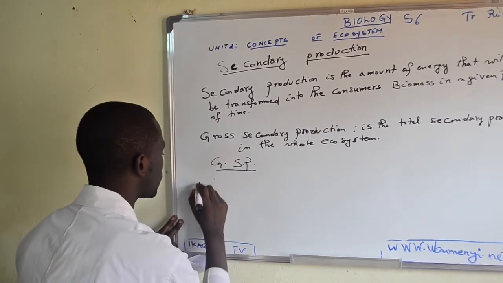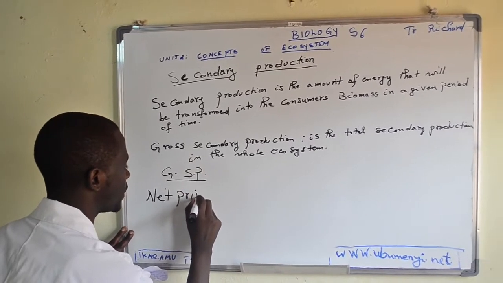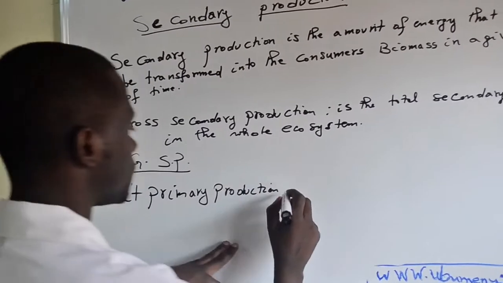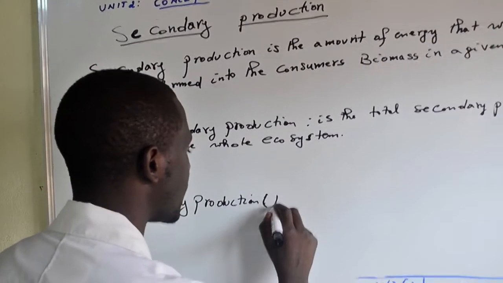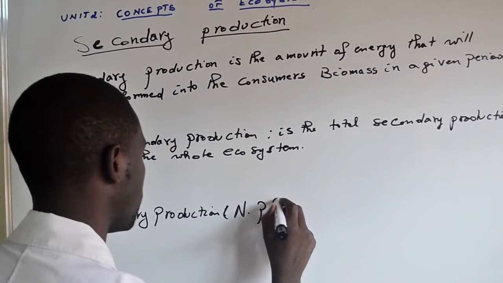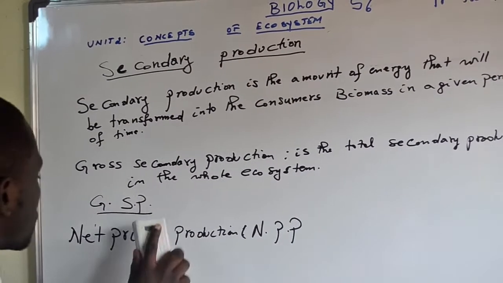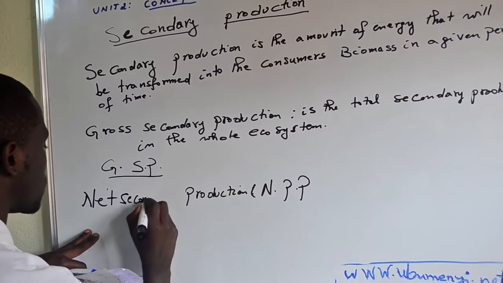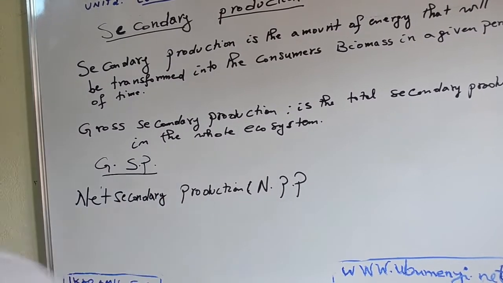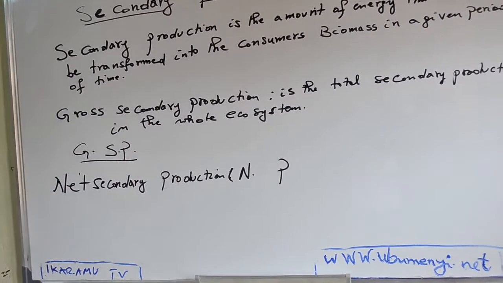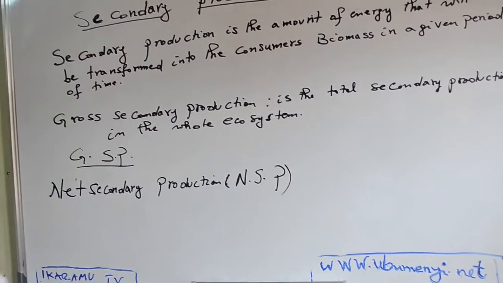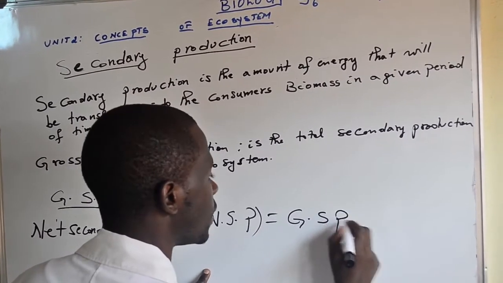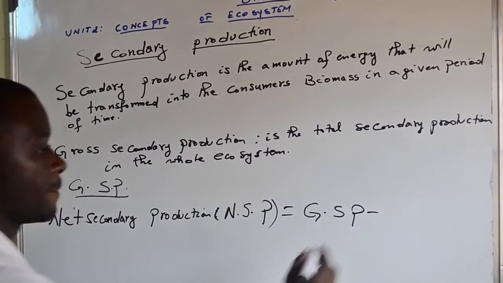So that's why we also have the net secondary production, which is abbreviated as NSP, and which equals gross secondary production minus the energy which is used in respiration.